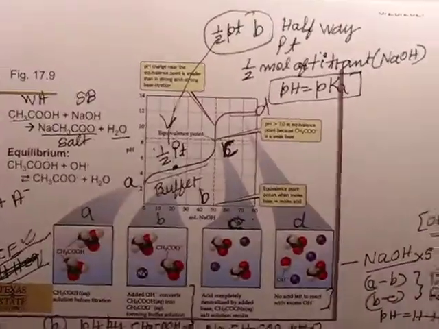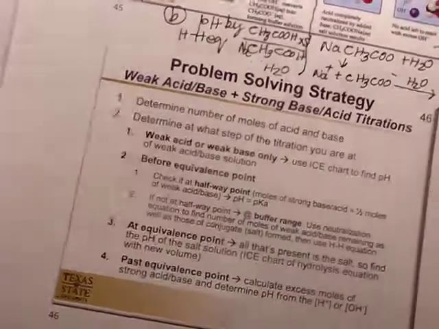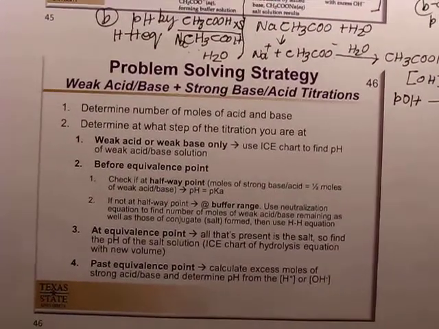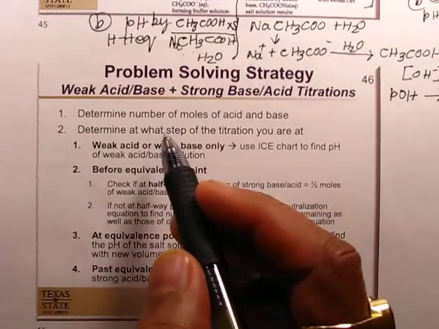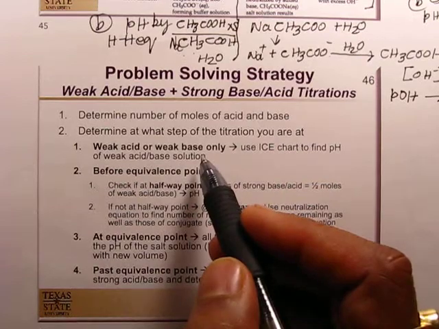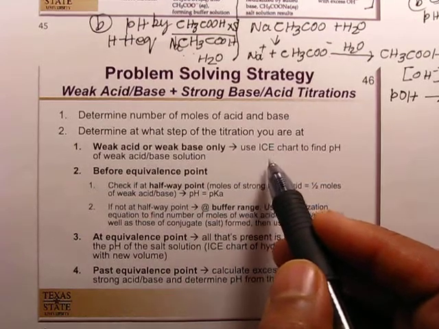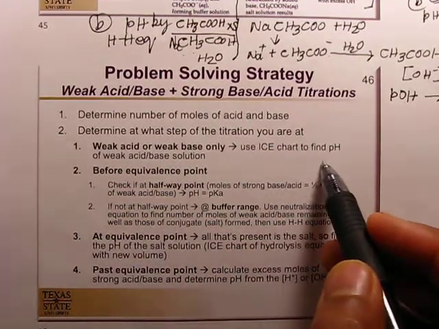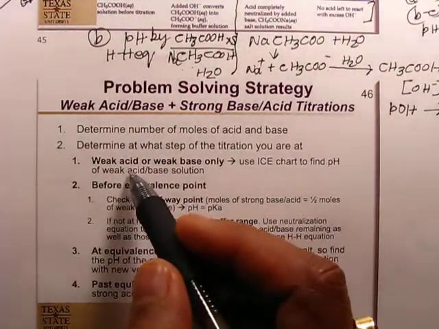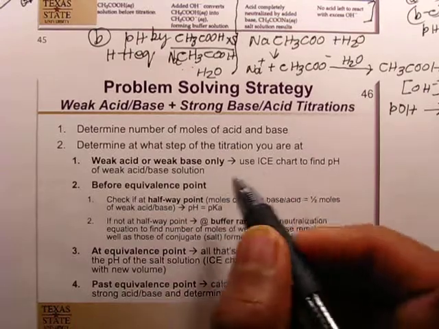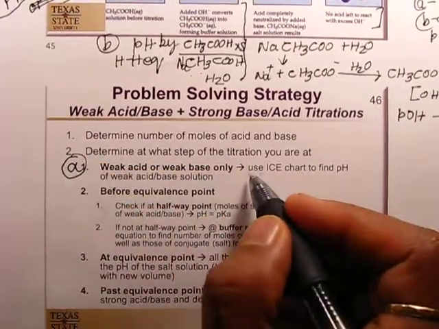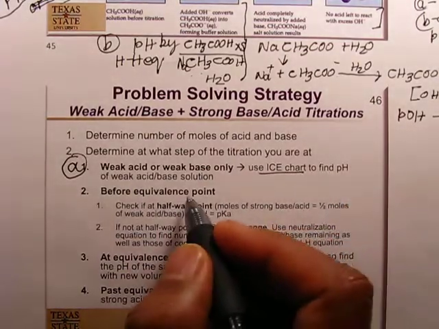So this is the flow chart we use to understand the weak acid and strong base titration and the problem-solving strategy. First, determine the number of moles of acid and base. Determine at what step of the titration you are, whether A, B, C, or D. If only weak acid or weak base is present, as at A, use an ice chart to find the pH.